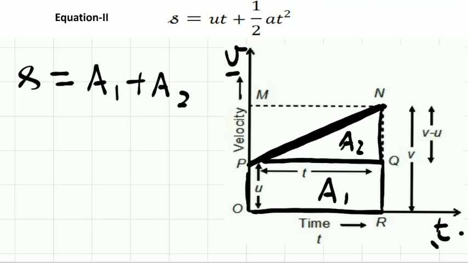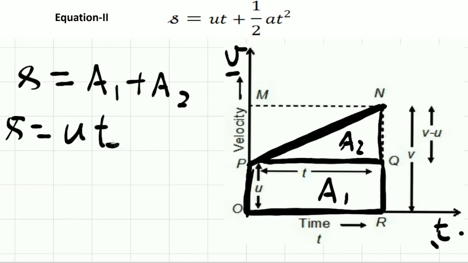So put the values of them. S is equal to A1. A1 is a rectangle. The area of rectangle is length into breadth. The length is t and the breadth is u. T into u, or we can write u into t, ut.